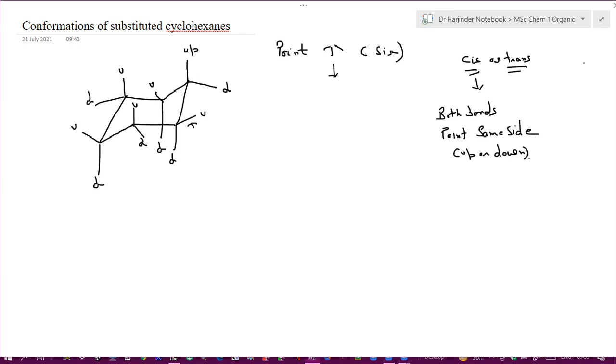Similarly, it will be trans when both bonds point in opposite directions, that means one up, other down, or vice versa. So cis is the geometrical isomer in which both bonds point in the same direction, and in case of trans, both bonds point in opposite directions.